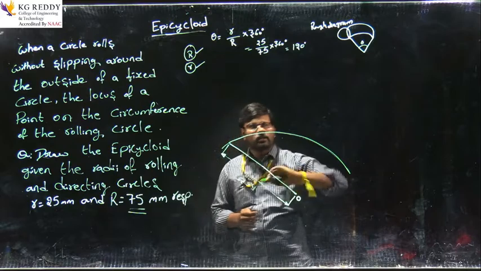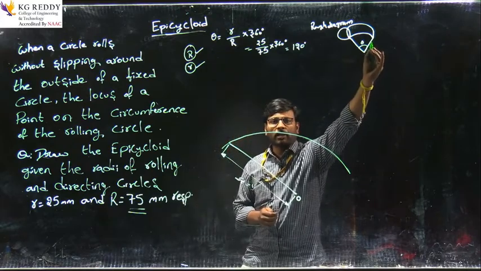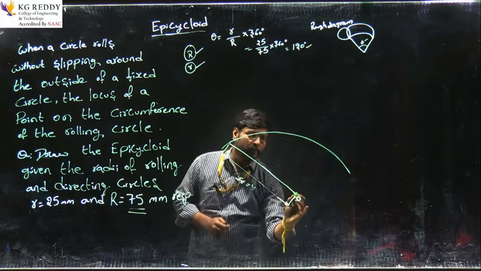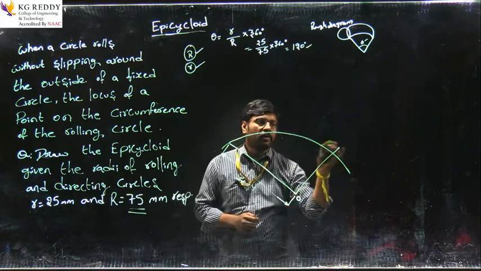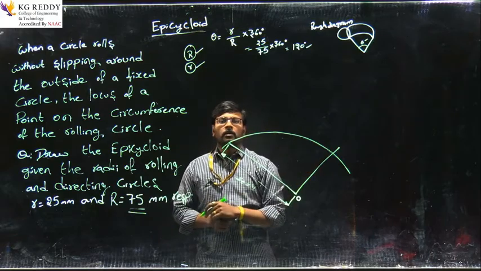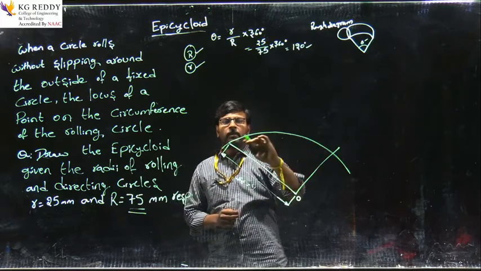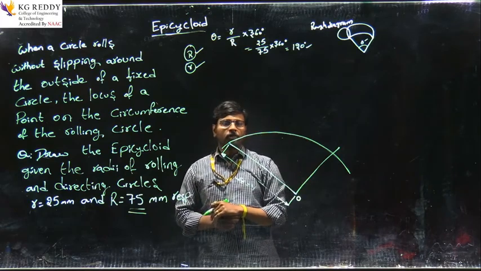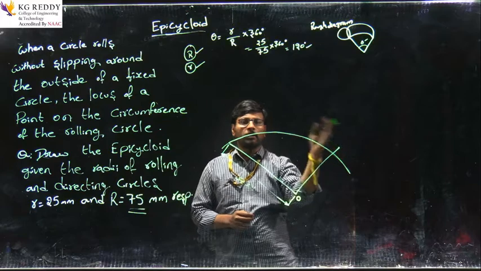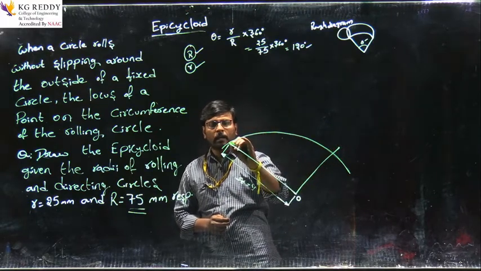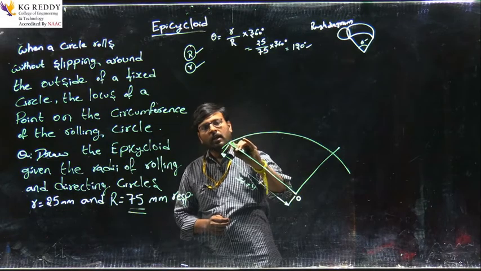From here I take the next generator, where the angle theta is 120 degrees. Here is the curved surface, and on this curve there is a roller which rolls from here to this end. I am drawing the roller.